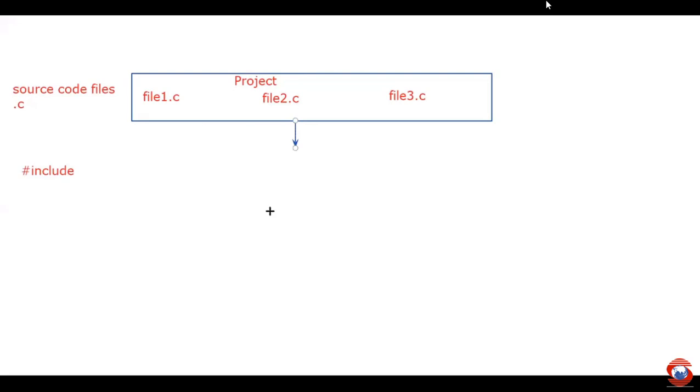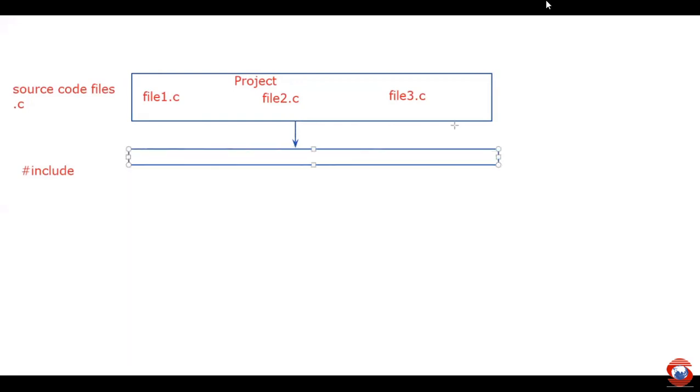Hash include stdlib.h, yes. So it will try to bring your header files from the standard memory location to your program. This is called the pre-processing step. Once this pre-processing is done, it generates something called expanded code.